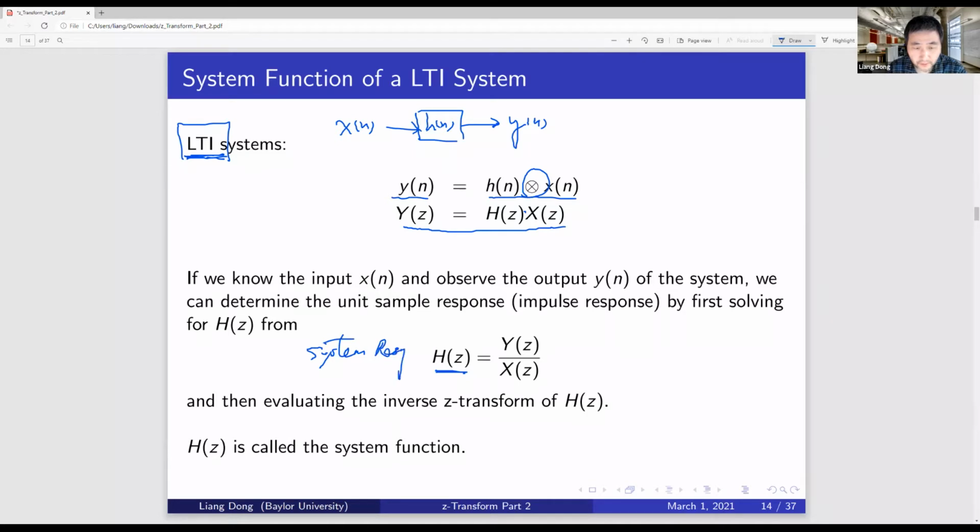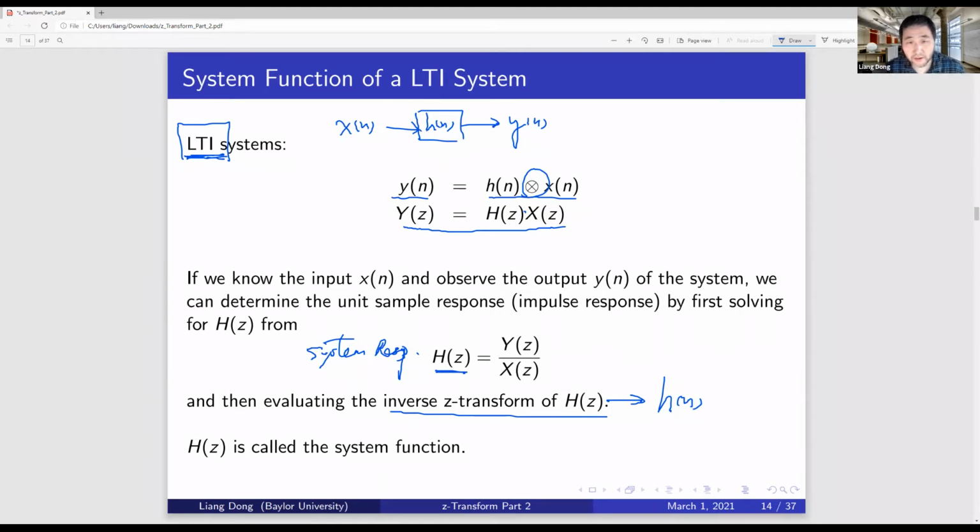System response, H(z), equal to that. And then the rest of the work to do is to find the inverse Z transform of H(z). So from H(z), we need to find h[n]. Once we got that, we can identify the system.